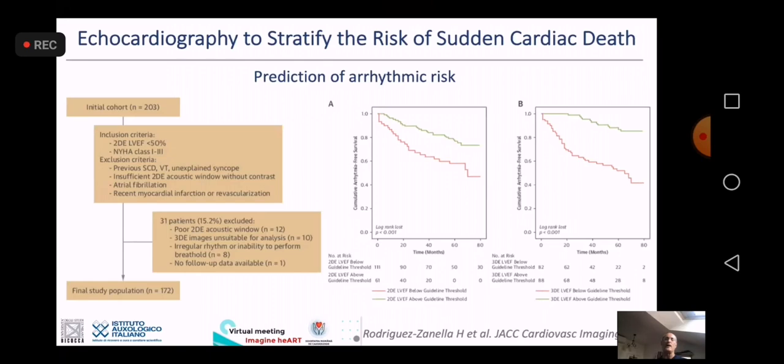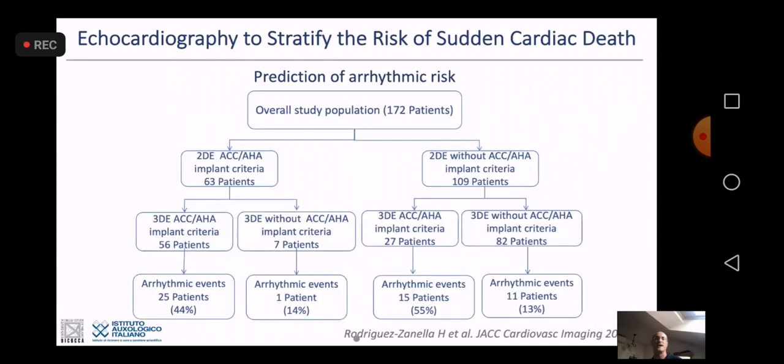A couple of years ago, one of the fellows in our lab, Mexican colleague Hugo Rodriguez Zanella, explored the added value of measuring the ejection fraction with 3D in the indication for ICD in 172 patients that were followed up for almost 3 years. What was important is that using conventional 2D echocardiography, out of the 172 patients, 63 would have had the indication for the ICD.